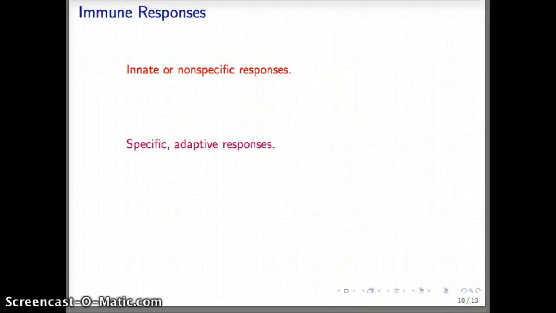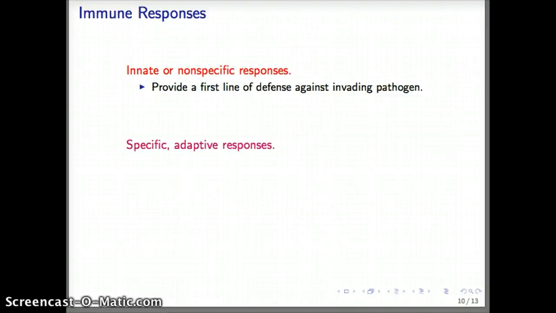The responses by the immune system may be classified as non-specific responses or adaptive responses. So let's say a few words about each of these. Innate responses provide a first line of defense against those persona non gratas.